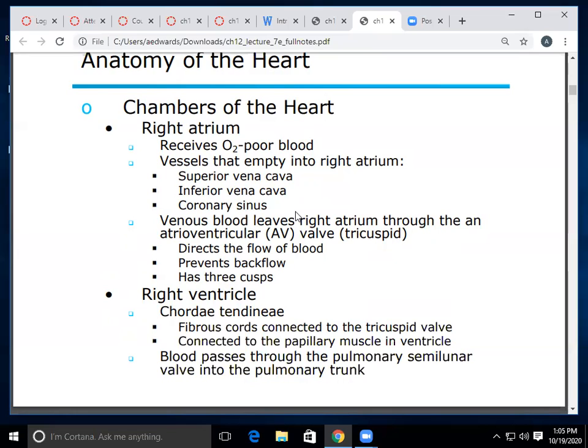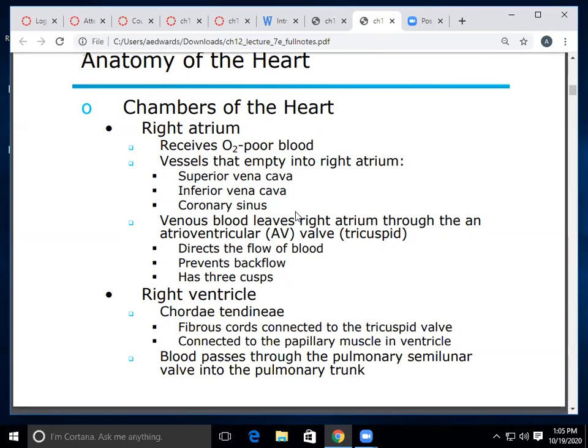So what are some of the different chambers in your heart? Got your right atrium. Blood vessels like the superior and inferior vena cava, as well as the coronary sinus, are going to empty their blood straight into the right atrium.